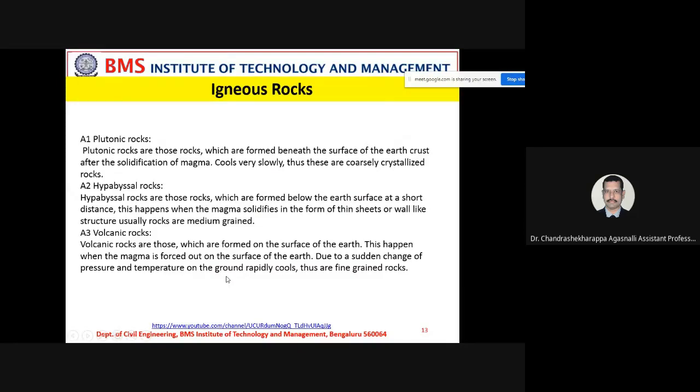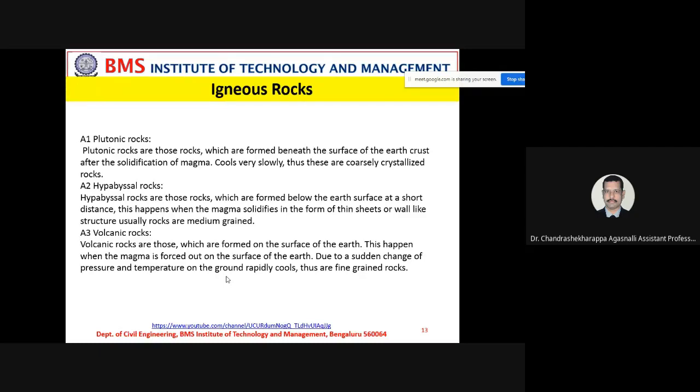So in the igneous rocks, we have plutonic, hypabyssal, and volcanic rocks. Plutonic rocks are formed beneath the surface of the earth's crust after solidification of magma, and it cools very slowly and forms very coarsely crystallized rocks.